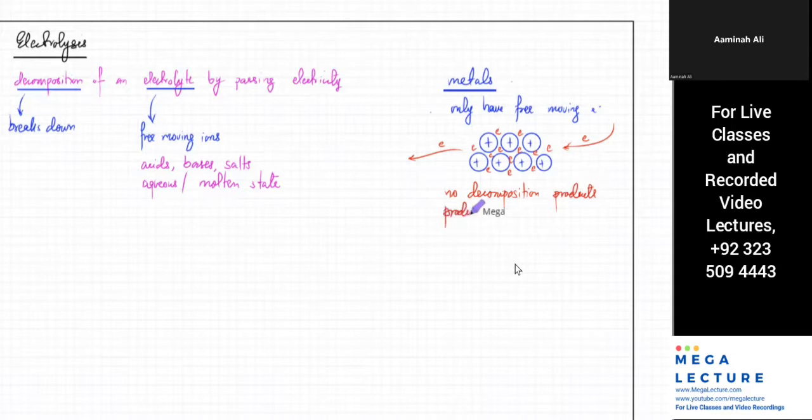Electrons get replaced constantly, because that's what electricity is. It's the movement of charges.